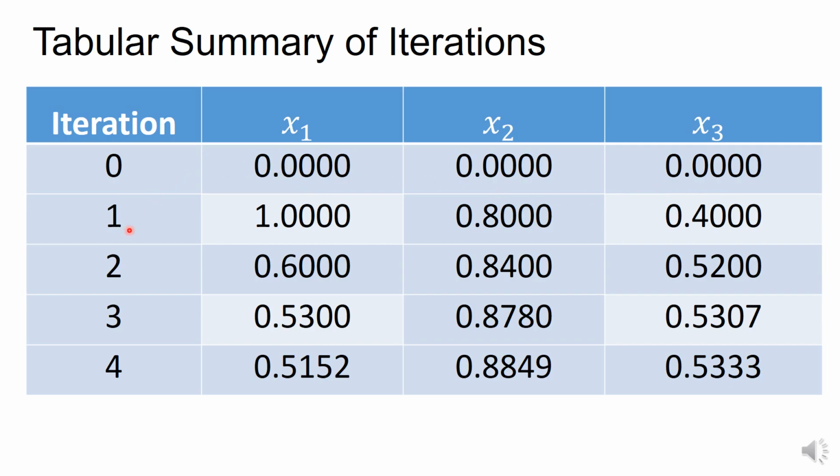If we find the first iteration, we get these values and we write them here. If we solve the second iteration, then you get these values of x1, x2 and x3.